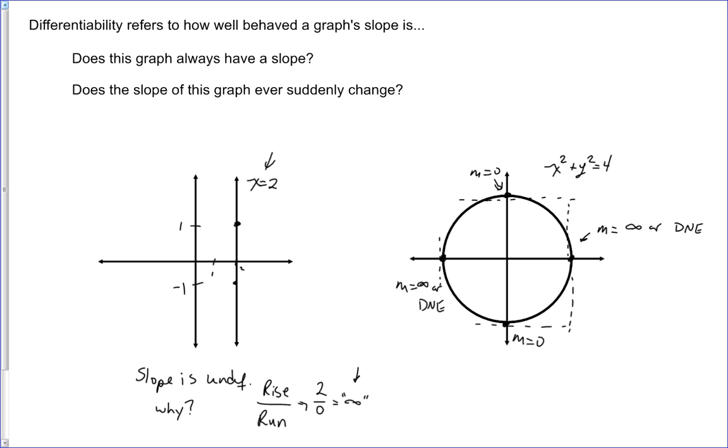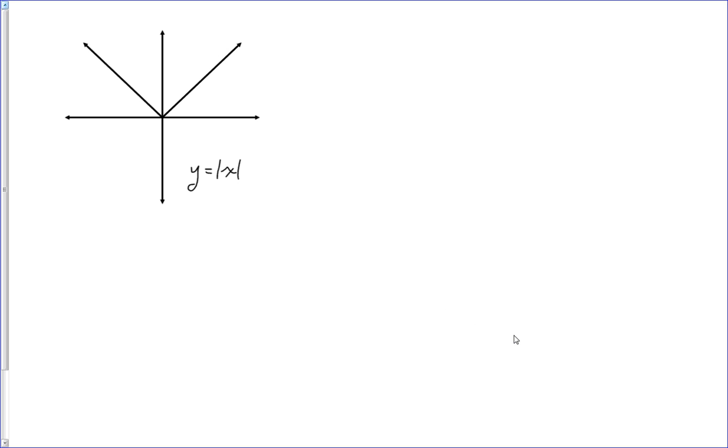Alright, let's look at one more example, and then we'll go a little further into this. What about this? It's the graph of y equals the absolute value of x. The slope of this side is simply -1, because the absolute value graph has a slope of 1 on the right side and -1 on the left side. But now, what about at 0, 0?